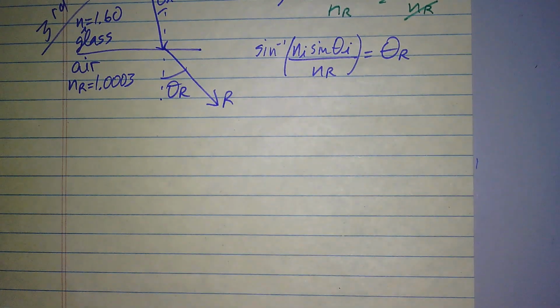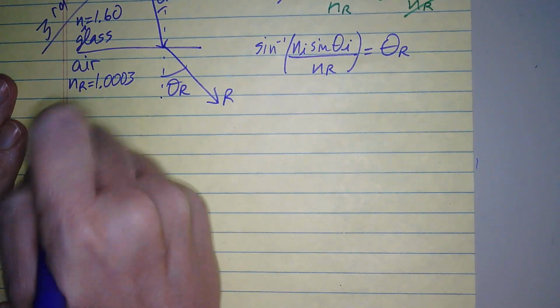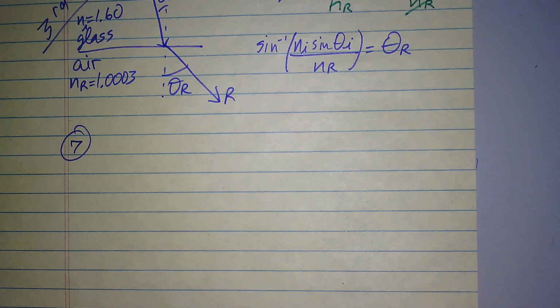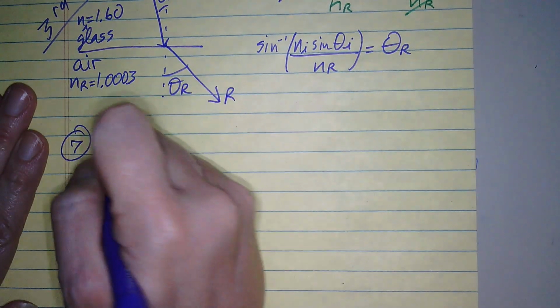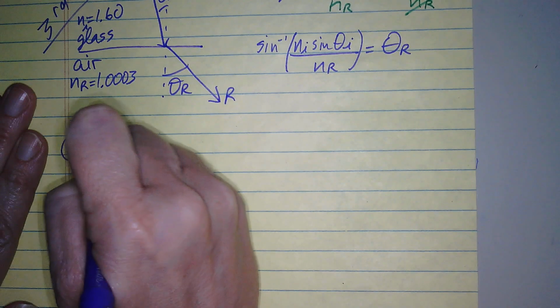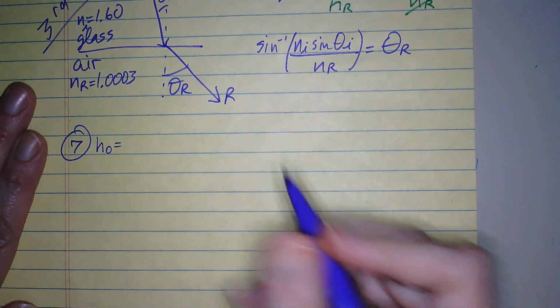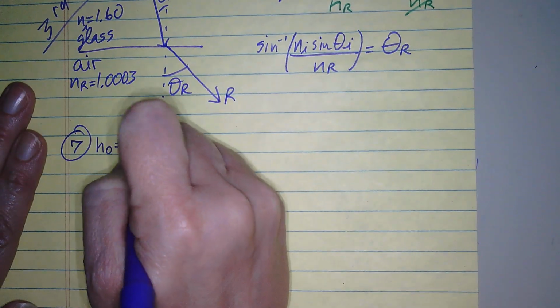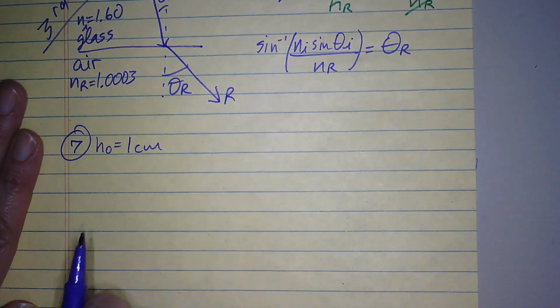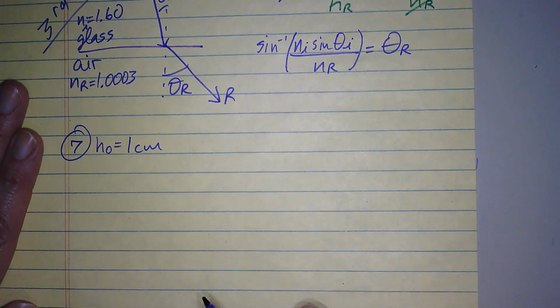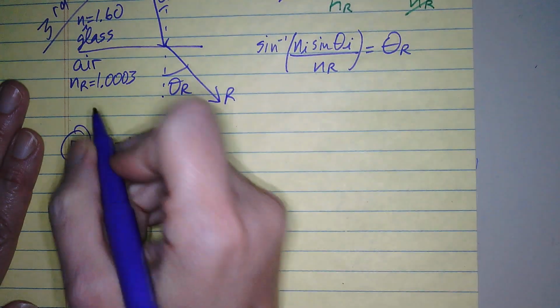Okay, so now we're going to do number 7 on the same page. All right, so a student holds a 1 centimeter tall candle. So the height of the object is this super tiny candle, because 1 centimeter is really small. I don't know who made up this question, but whatever. So an almost burned out candle, okay? They hold that candle 50 centimeters away from a convex lens.